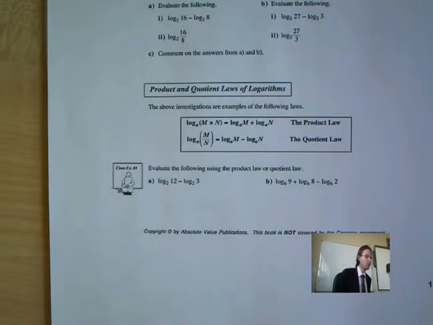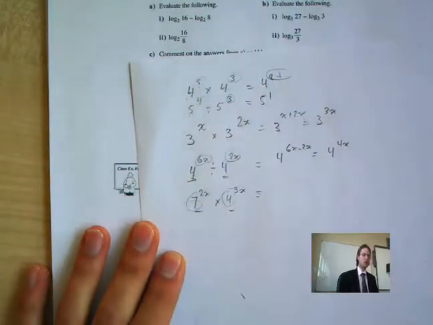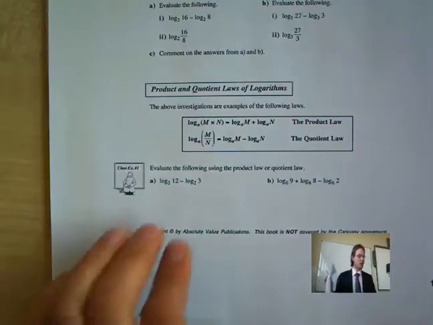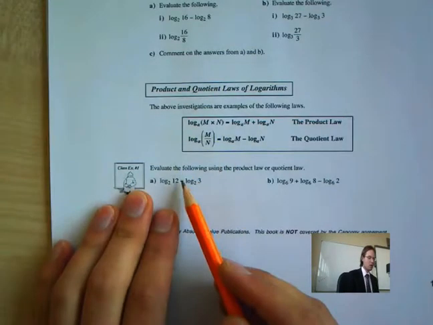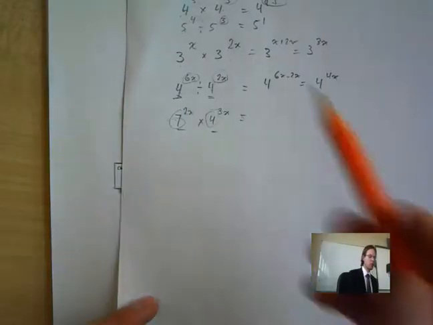So now remember, our log laws are a bit different. It's the opposite. Here, what did we do? We added the exponents, right? So logs is solving for the exponents, and we want to know what we're doing with our base. Now here we look at it, we're subtracting. Well, what caused us to subtract exponents?